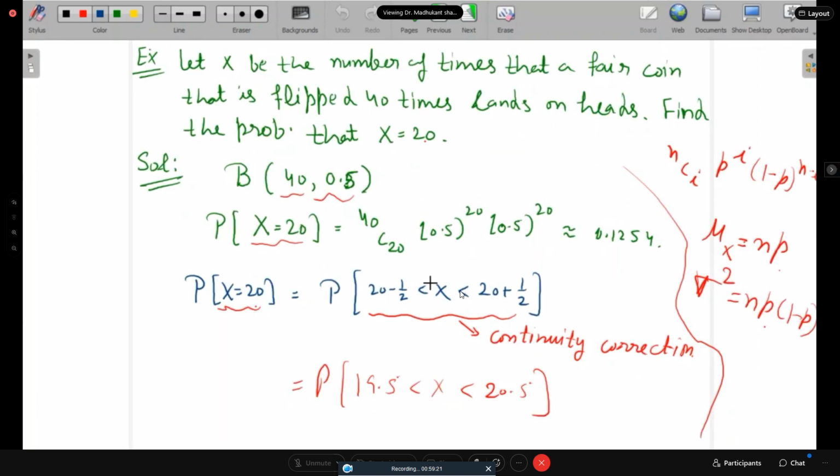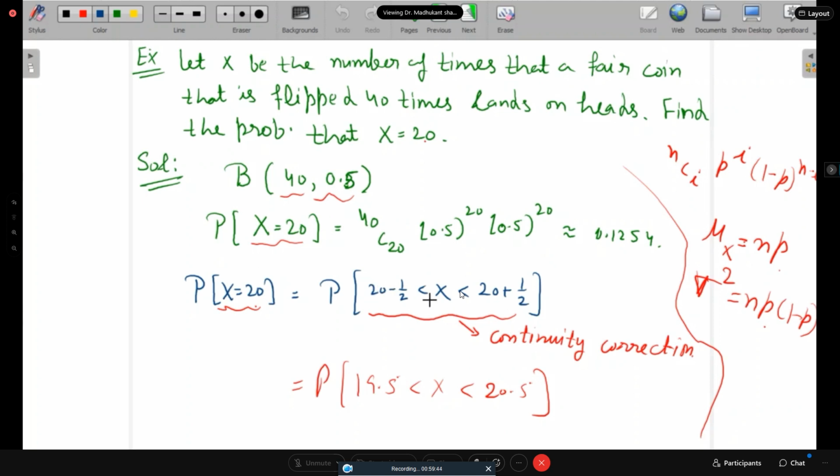Continuity correction is done in such a way that you are not including any other value, right? x equals 20 or x equals 19, the previous value is 19, and the value after 20 is 21 number of heads. So this interval contains neither 19 nor 21.